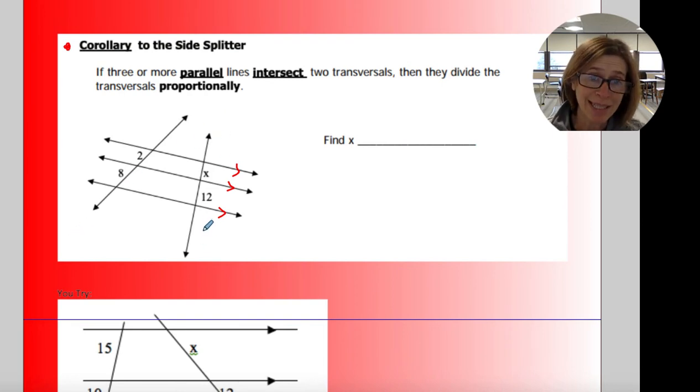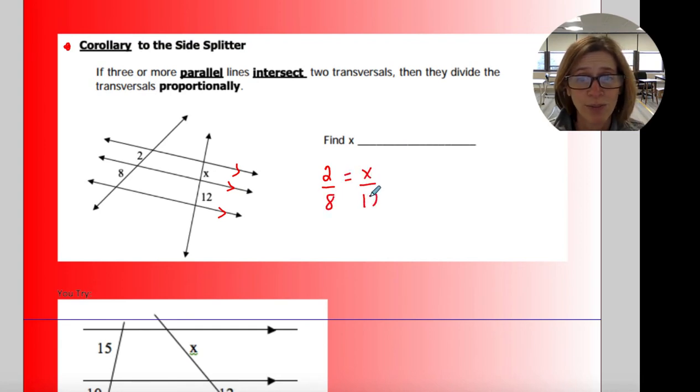When that happens, it divides the transversals proportionally. So the proportion would be 2 over 8 equals x over 12. I can simplify 2 over 8 to 1 over 4. And then 4 times 3 equals 12. So I'm just going to use equal ratios here. And 1 times 3 would give me x, so x would be 3.